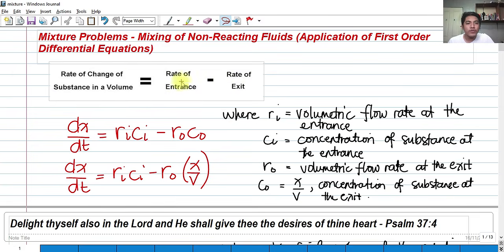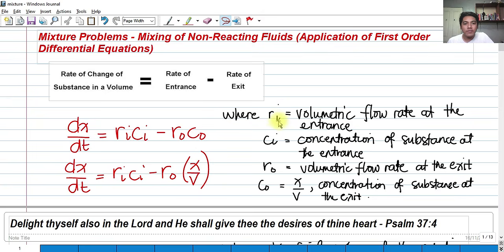Mathematically, if we're going to put that into our differential equation, we have dx over dt is equal to r sub i c sub i minus r sub o c sub o, where r sub i c sub i is the rate of entrance and r sub o c sub o is the rate of exit.